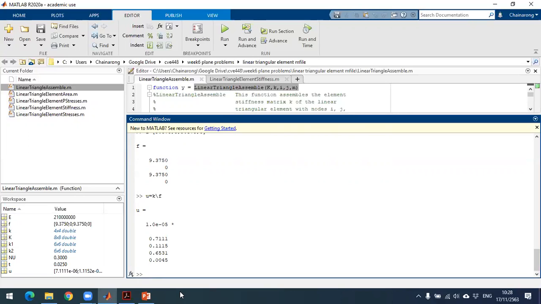0.7111. If we compare with the analytical solution, you may compare it by yourself and have some comments. We will discuss the comments again next week when we meet together, and we will find out why the solution obtained from the finite element is like this.